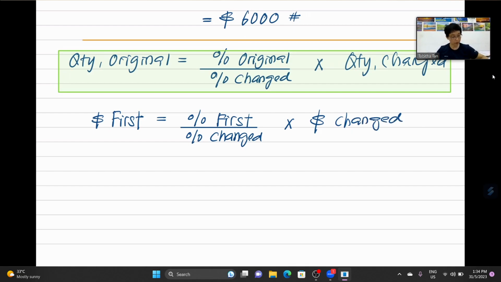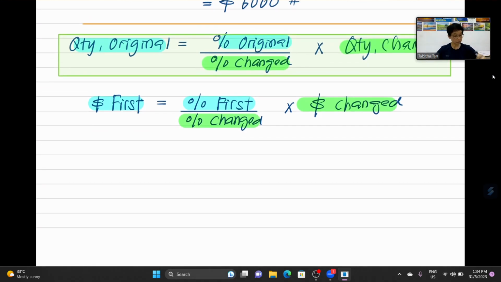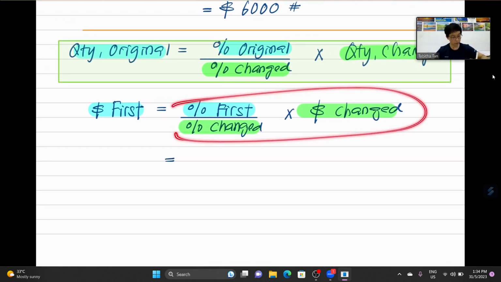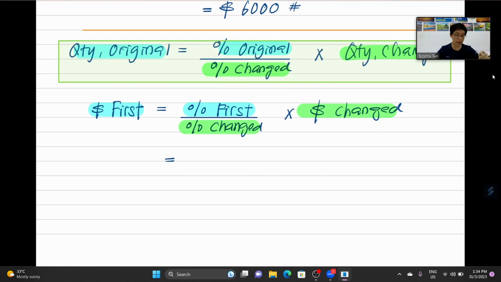Let me put in some color for easy identification. The original, then the change and the change. So this is the arrangement. Of course during the exam you may not have to write all this, you just capture it in your understanding.